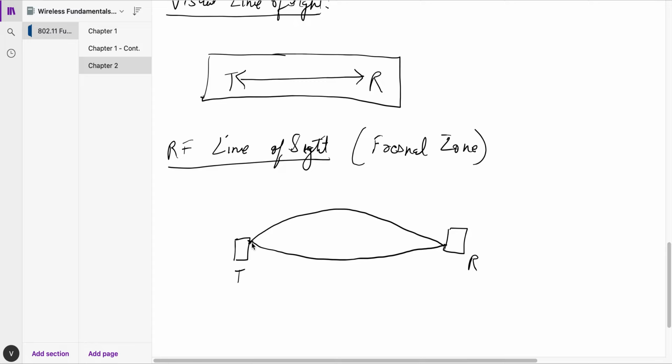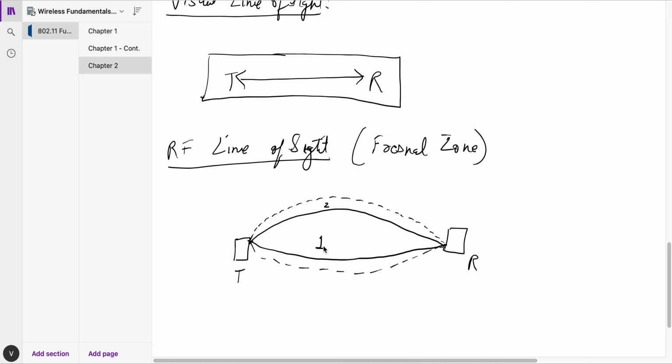Now, there are two Fresnel zones. One is the first, which is closer. The other is slightly wider. This is called the second Fresnel zone. Fresnel zone number one and Fresnel zone number two.